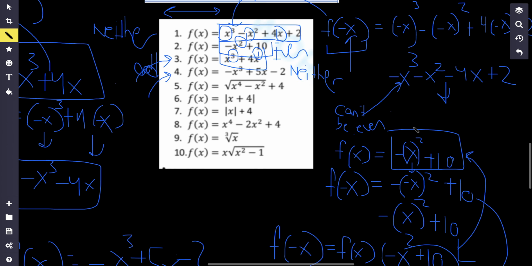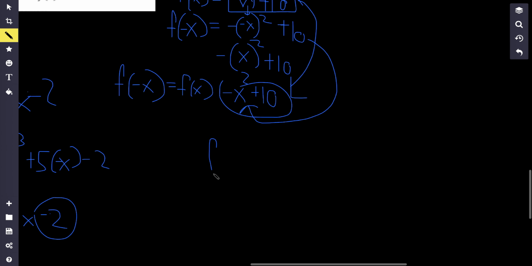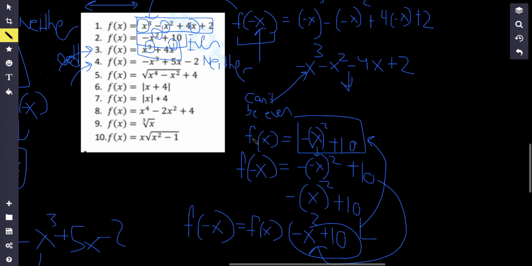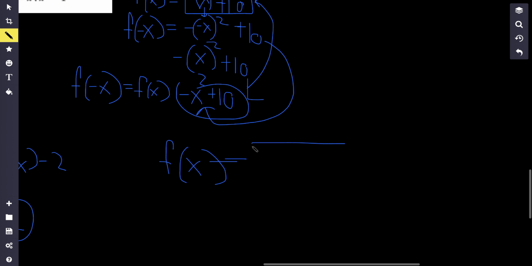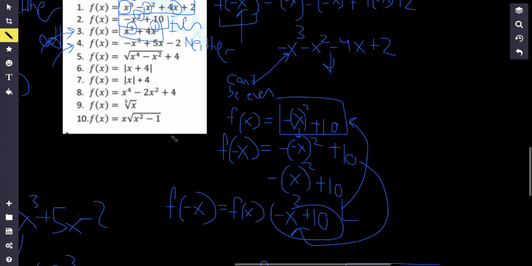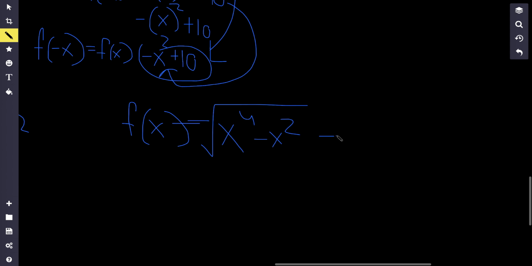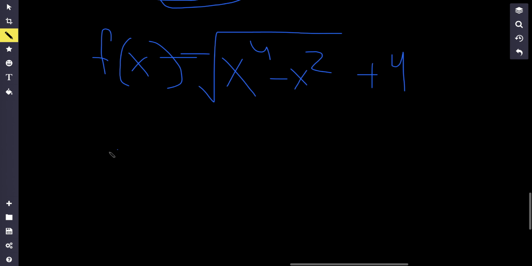Final one, question number 5. f of x is equal to the square root of x to the 4th power minus x squared plus 4. Once again, let's just do the same process.